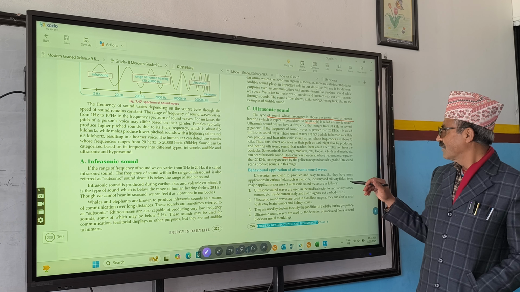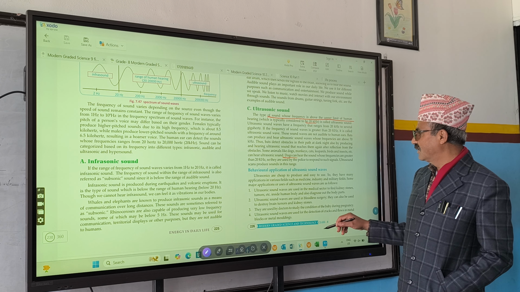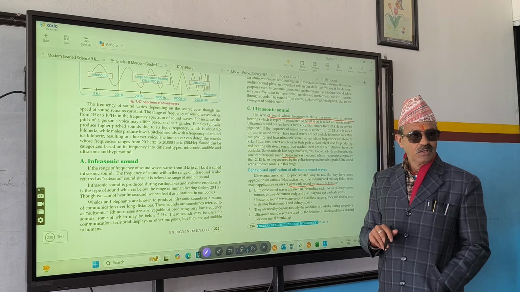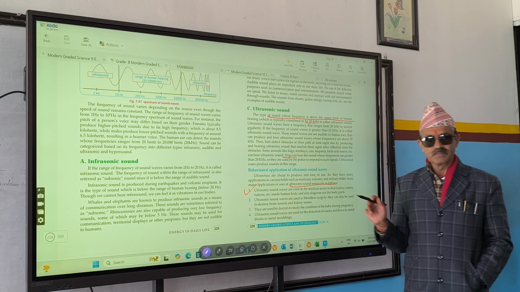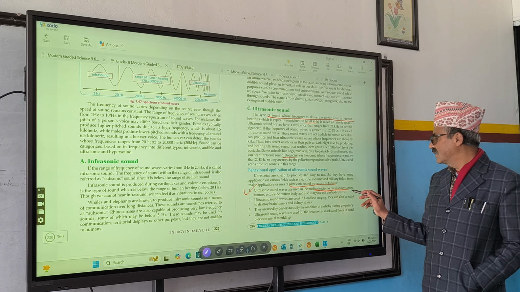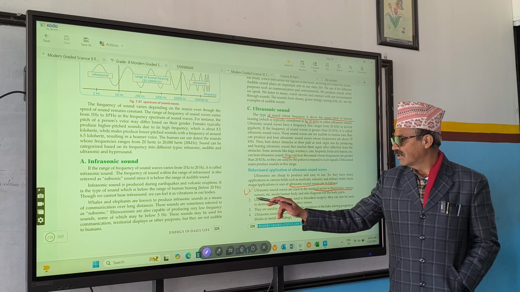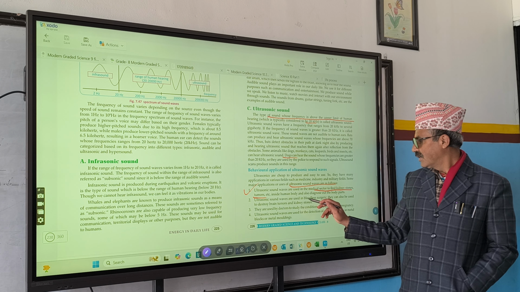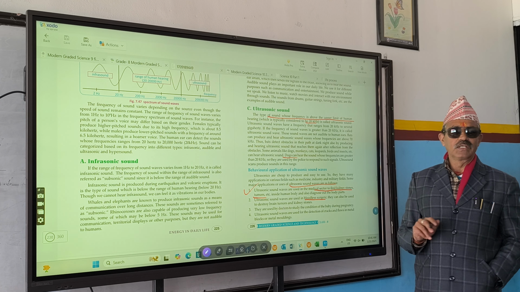Now children, here are some uses of ultrasound. Number 1, in the medical sector to find kidney stones, tumors, etc. Number 2, in bloodless surgery.